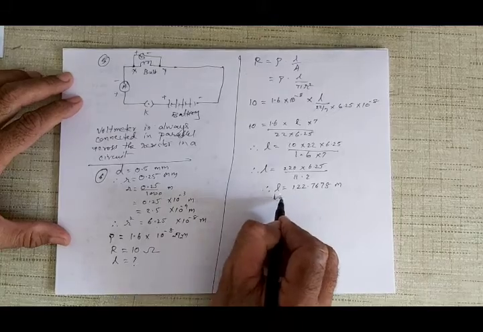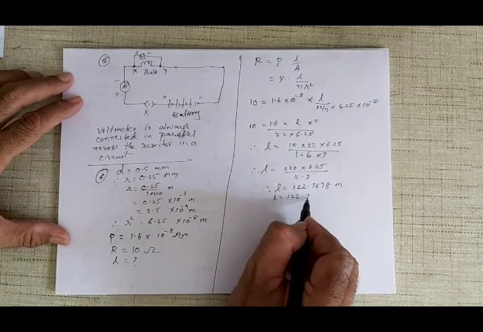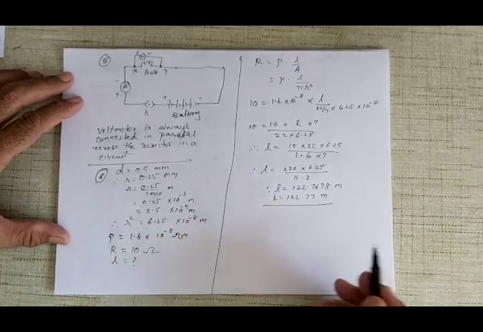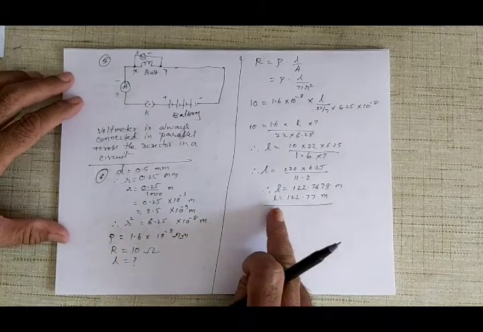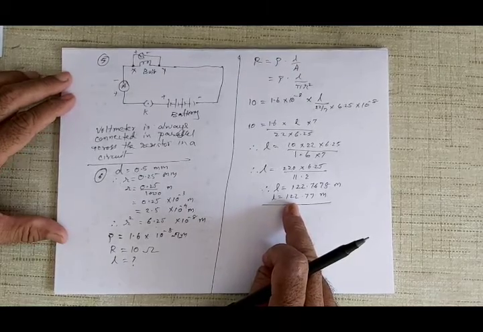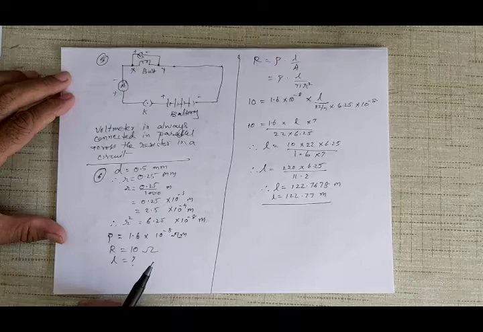Up to 2 decimal places लेना है तो 122.77, 76 will become 77, up to 2 decimal places. Okay, so what will be the length of the wire? The wire will have to be more than 122 meters. काफी बड़ा लंबा वायर चाहिए, तब जाके 10 ohms का resistance होगा.